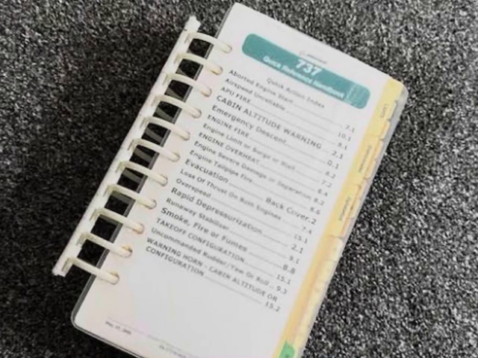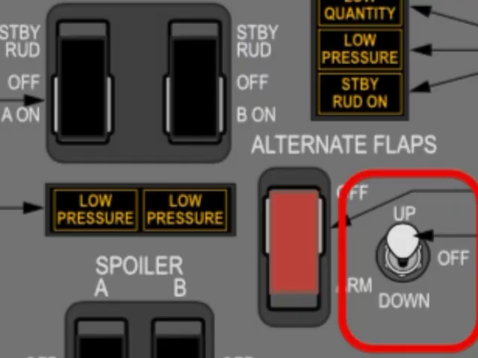Based on the non-normal checklist, once we need to extend the leading edge and trailing edge flaps and slats, we should move the alternate flaps master switch from the guard-down position to the up position, and then it will help the system to pressurize the standby hydraulic pump.